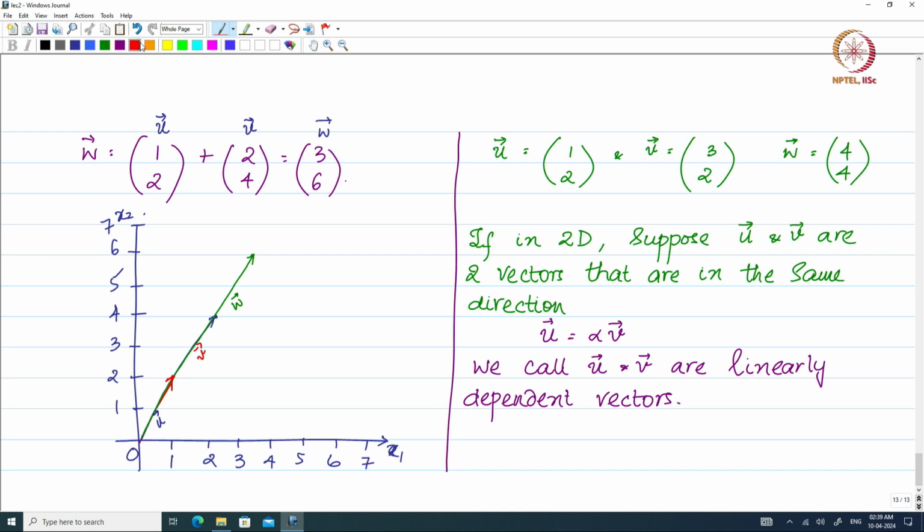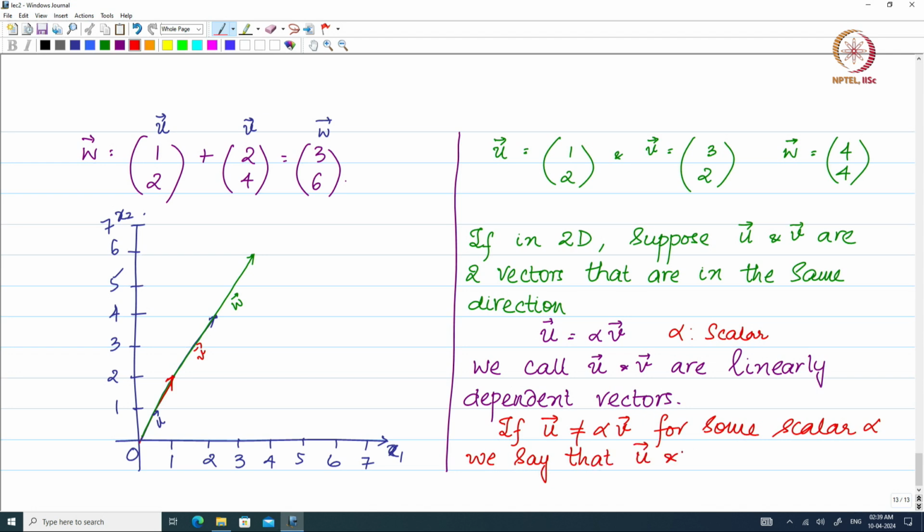If u is not equal to alpha v for some scalar alpha, we say that u and v are linearly independent.